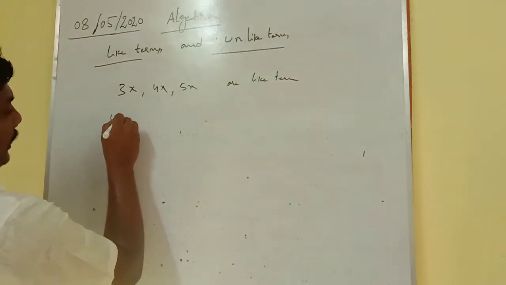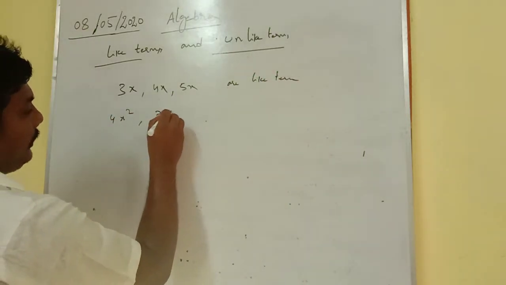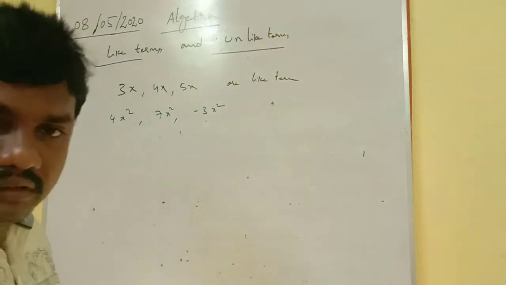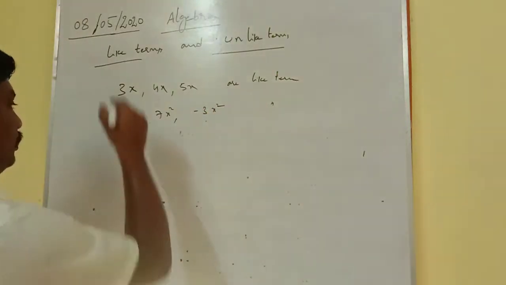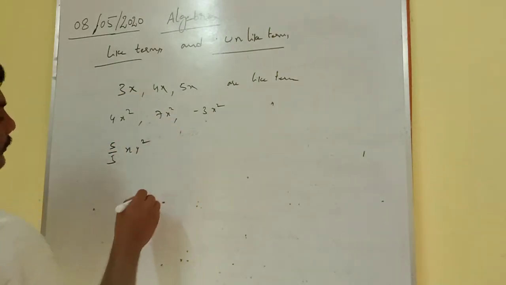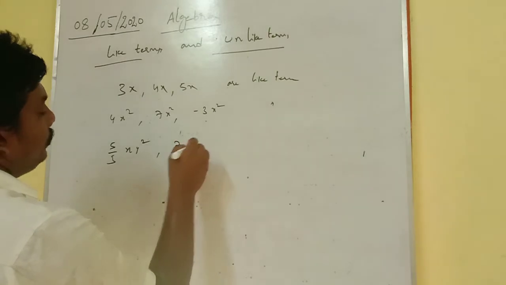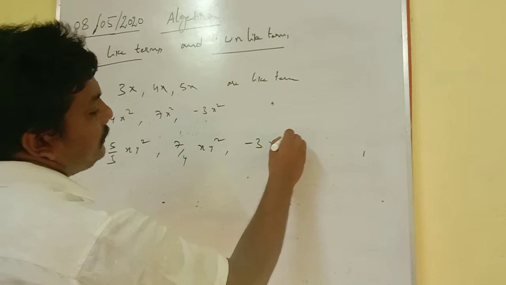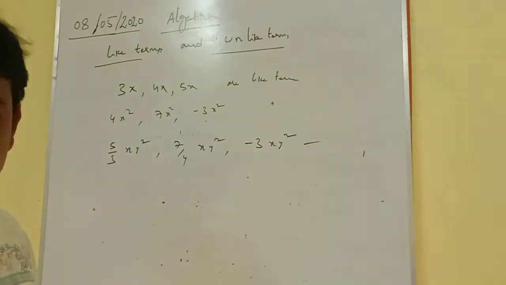Suppose 4x², 7x², minus 3x², all like terms. Now coming to 5/3 xy², 7/4 xy², minus 3 xy², also like terms.